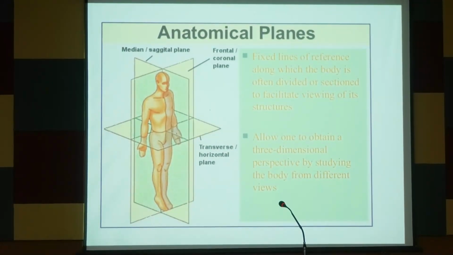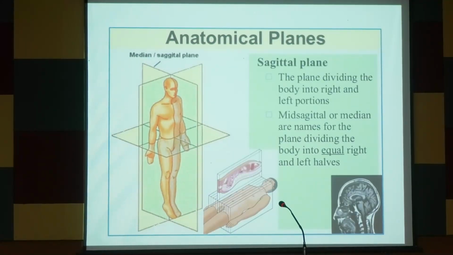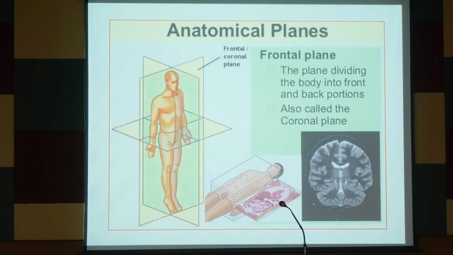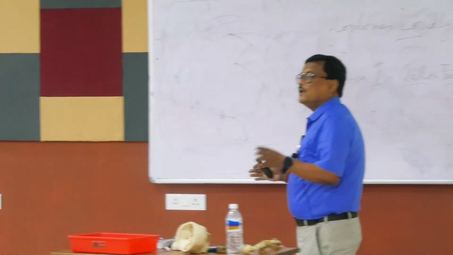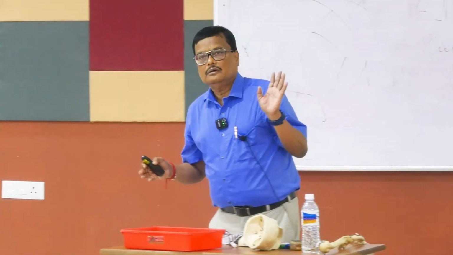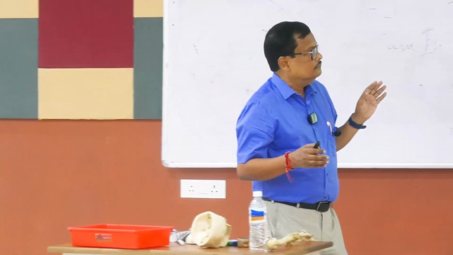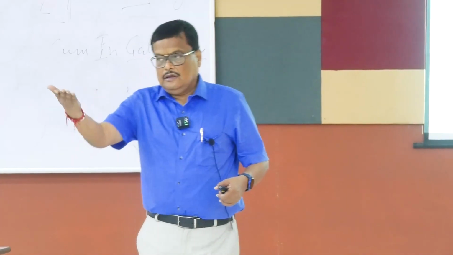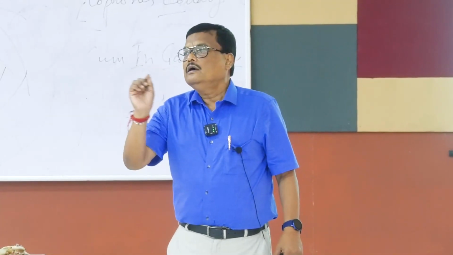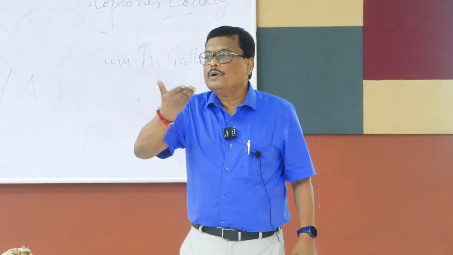Very, very important, I will come to why later. Especially today is the age of CT and MRI, so if you have not got an idea about these planes, you cannot understand, and you would go to MD radiology or something. Because in one section, suppose we take a ray here, we find only one part of the liver.